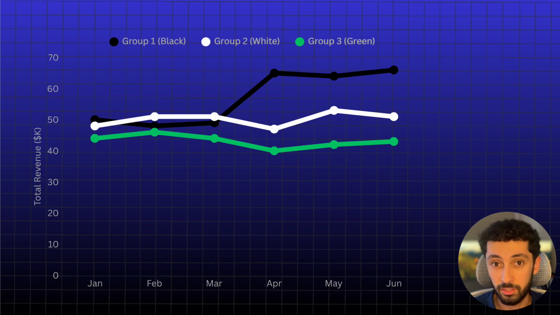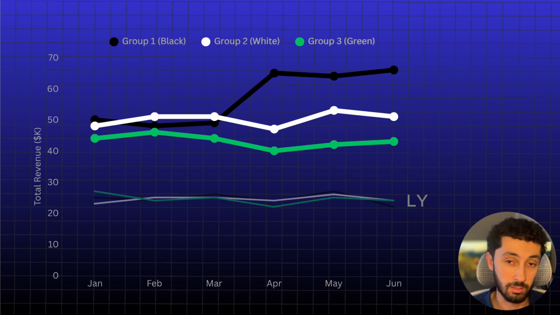This is a pretty clear indication that our black packaging might be the best performer. Something we could do as a sanity check is also add in the last year revenue curve, just to see if there was any seasonal impact. And in this case, you see that there wasn't. So we're a lot more confident in being able to say that the black packaging really is the best performer.